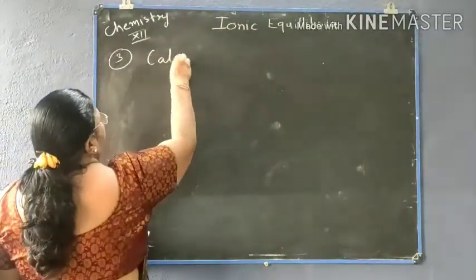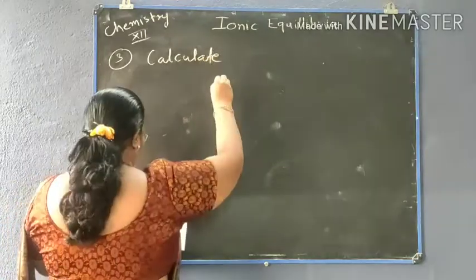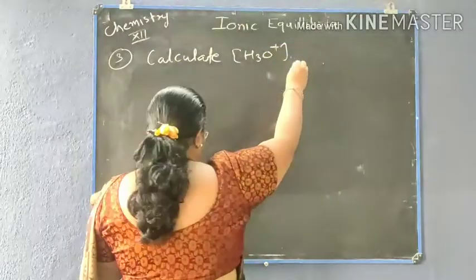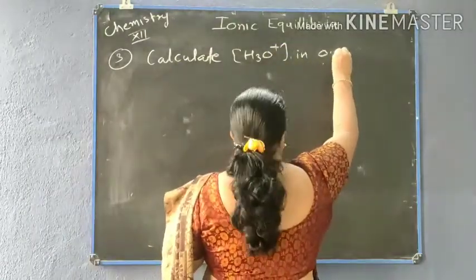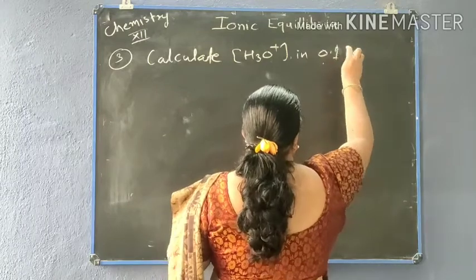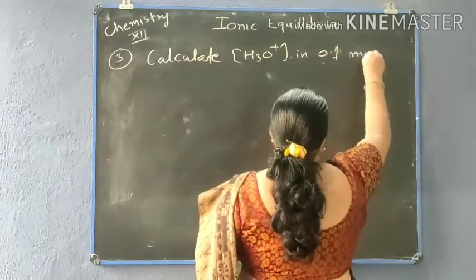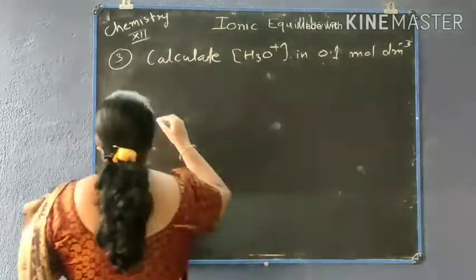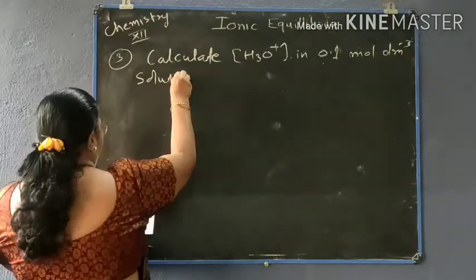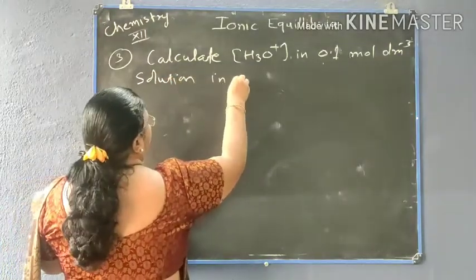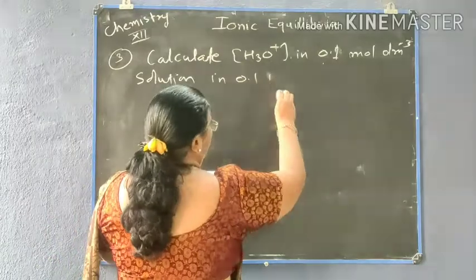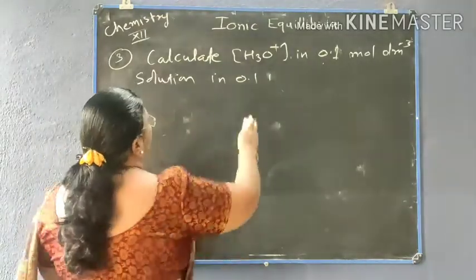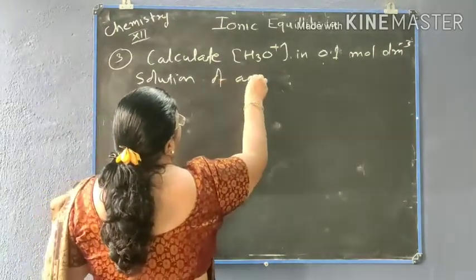Calculate the concentration of H3O plus in 0.1 mole per dm cube solution of acetic acid.